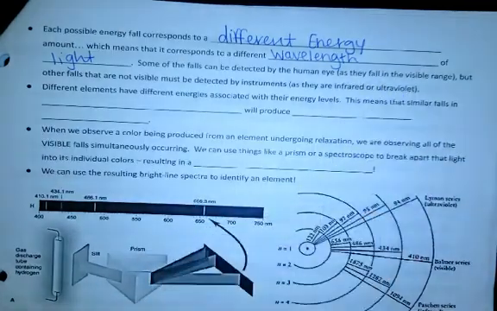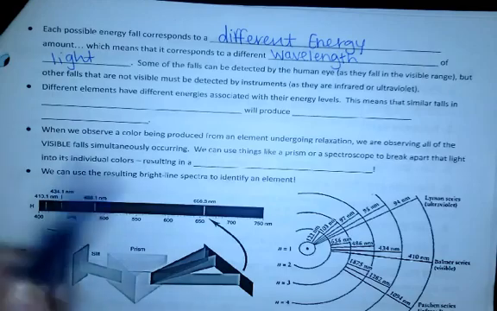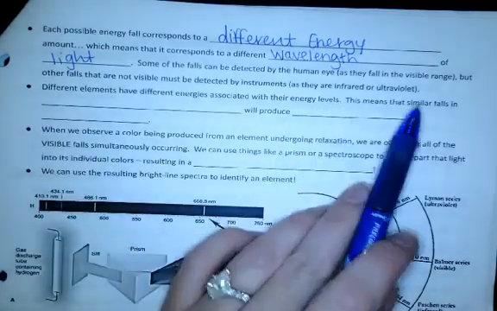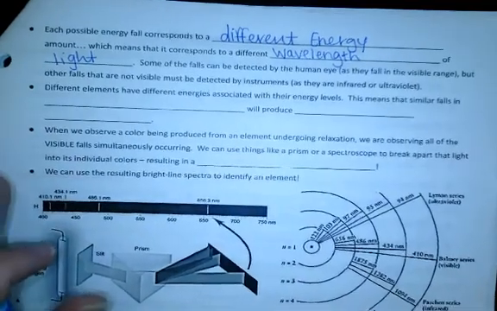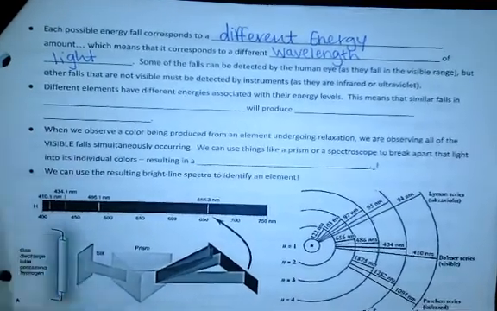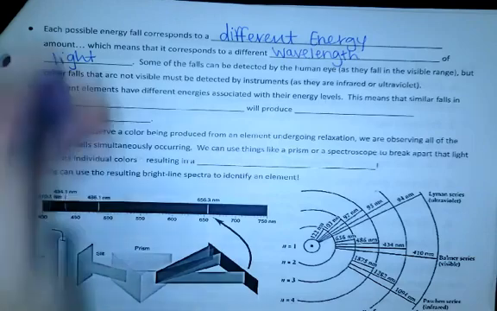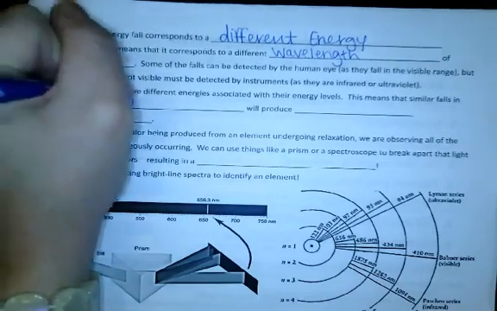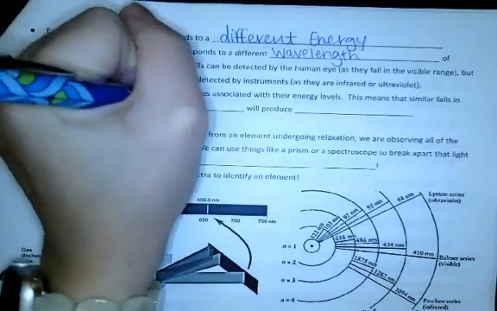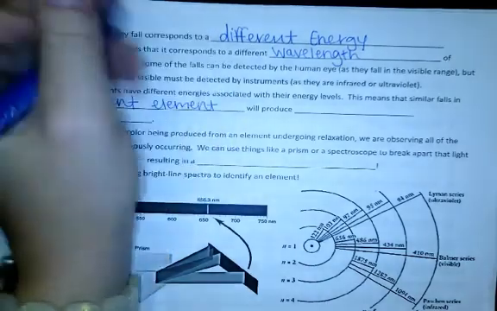But other falls that are not visible must be detected by instruments, as they are infrared or ultraviolet. We cannot see infrared or ultraviolet. Now, different elements have different energies associated with their energy levels. This means that similar falls in different elements will produce different light.